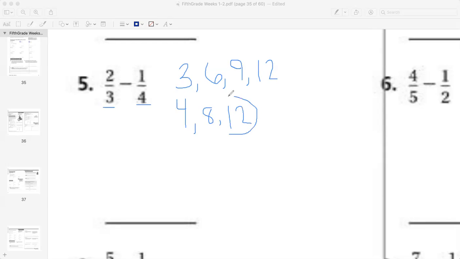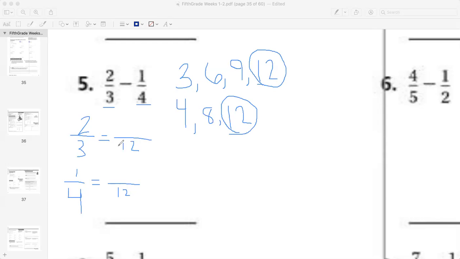So 12, which I think many of you are getting used to 3 and 4 having that. Least common denominator is 12, so I'm going to rewrite my fractions as 2/3, and then equal to something and my 1/4. And then the new denominator for these is going to be 12.